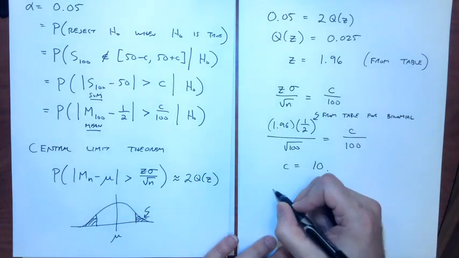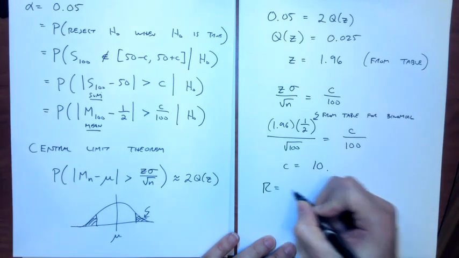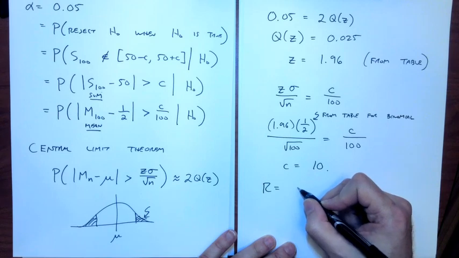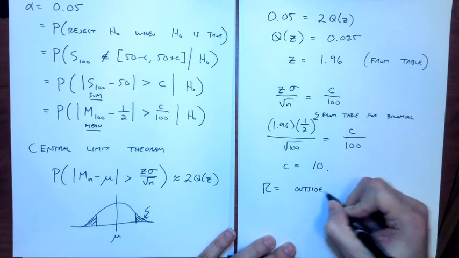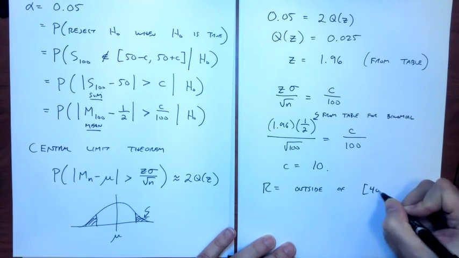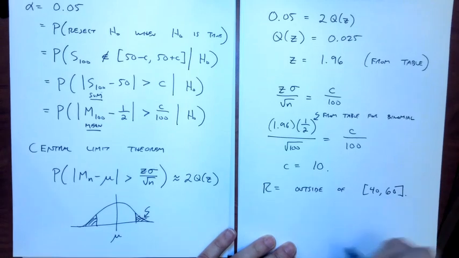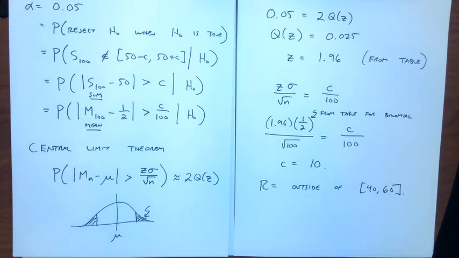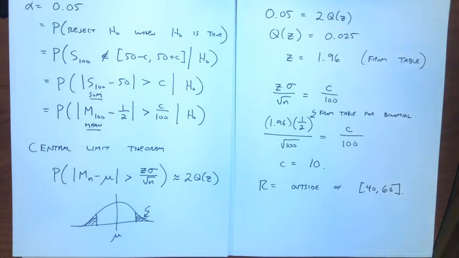So that means my region is basically outside of 50 plus or minus 10, right? This is the usual pathway you would take to solving these kinds of problems.